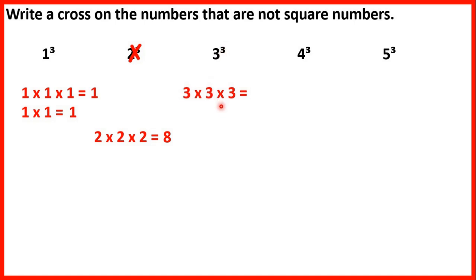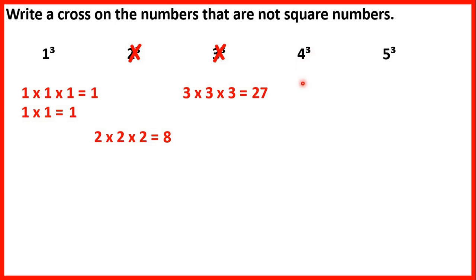That's 3 times 3 times 3, so 27, because 3 times 3 is 9 and 9 times 3 is 27. But 27 is not a square number because you can't multiply a number by itself to get 27. You can multiply 5 by itself to get 25, or 6 by itself to get 36, but you can't multiply a number by itself to get 27. So we need to put a cross on 3 cubed as well.